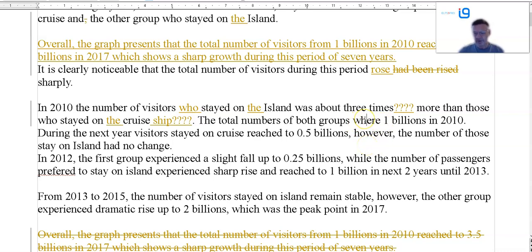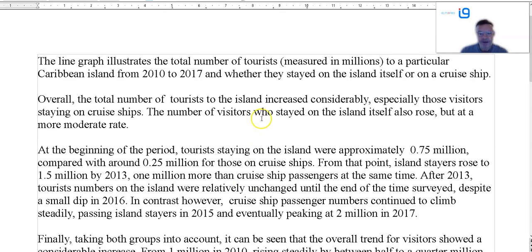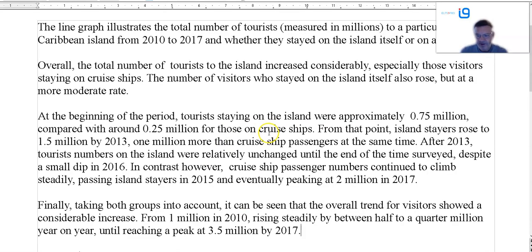A billion? So, during the next year, right, I'm not going to rewrite all this. During the next year, the visitors who stayed on, so we've got a lot of stay on cruise, stay on cruise, stay on island, stayed on island. You need to vary that, like I did. So I said something like, visitors staying on the island, cruise ship passengers, island stayers, visitors, tourists, those on cruise ships, island stayers, cruise ship passengers.